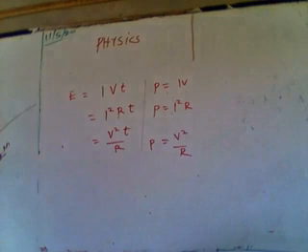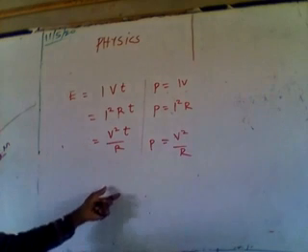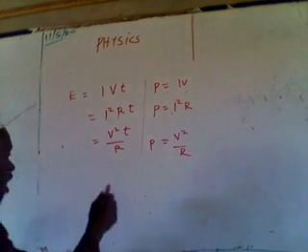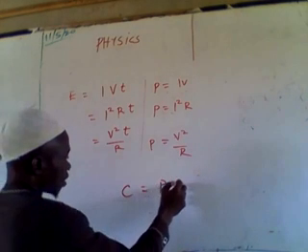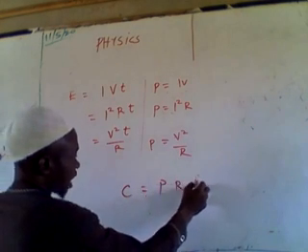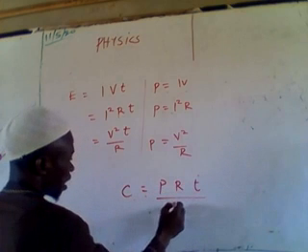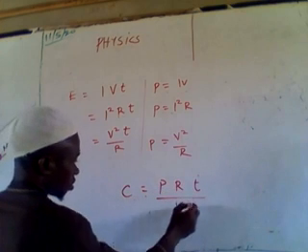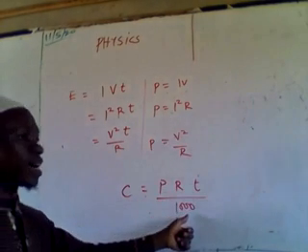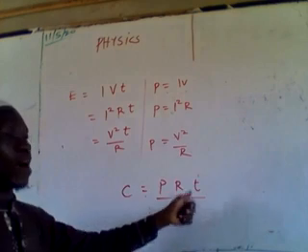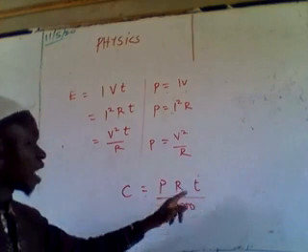And then the cost of running appliances, which is used extensively by the Power Holding Company of Nigeria, is that we have the cost equals the power, rate, and the time, everything divided by 1000, because the power will be quantified in kilowatt-hours.